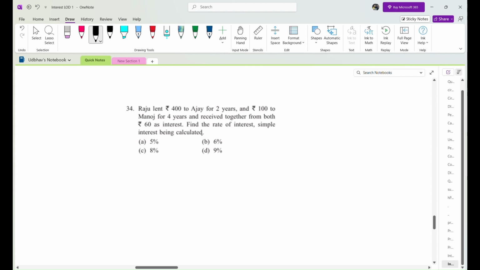Raju lent 400 to Ajay for 2 years and 100 to Manoj for 4 years and received together from both 60 as interest. Find the rate of interest, simple interest being calculated. Raju lent, here we'll write for Ajay and here we'll write for Manoj.